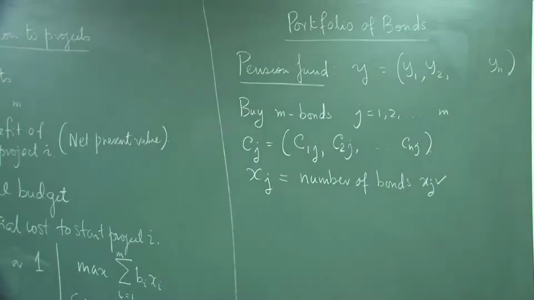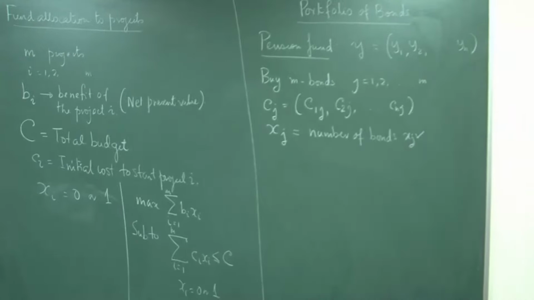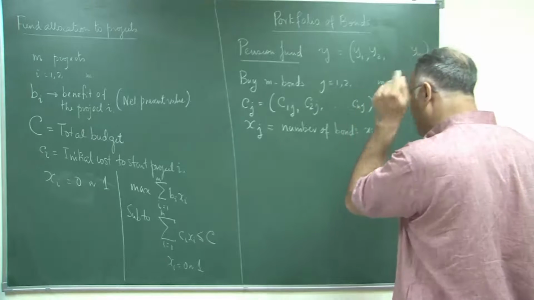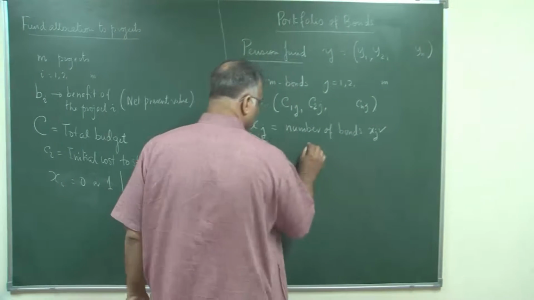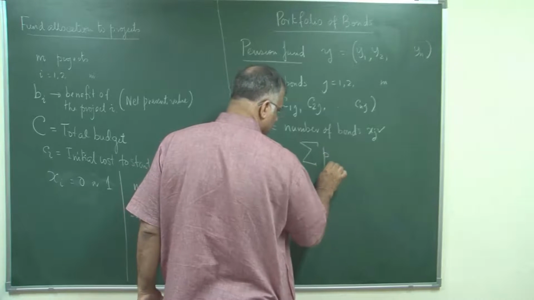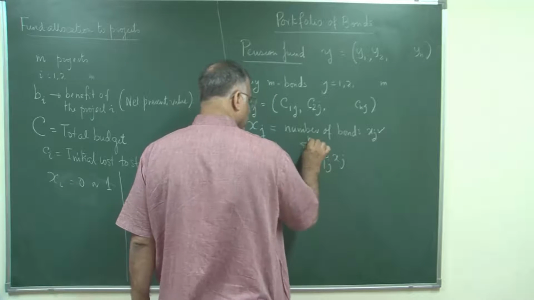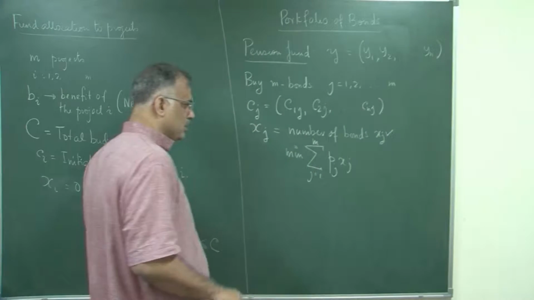That's the issue. Now, how will I get that number? PJ is the amount of money I have to pay to buy a unit of bond J. So the total money that I want to spend to buy all my bonds is the sum of PJXJ, where J is equal to 1 to M, but I want to minimize this. I do not want to pay so much.